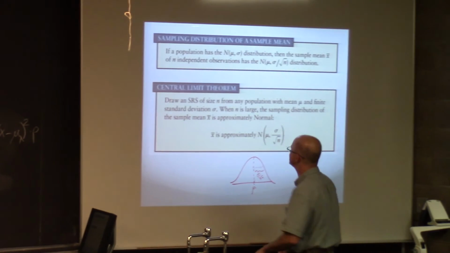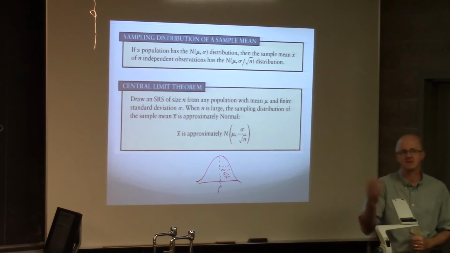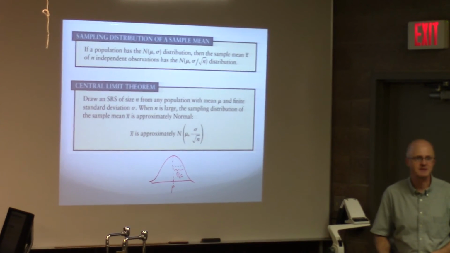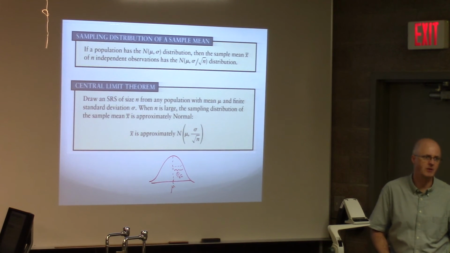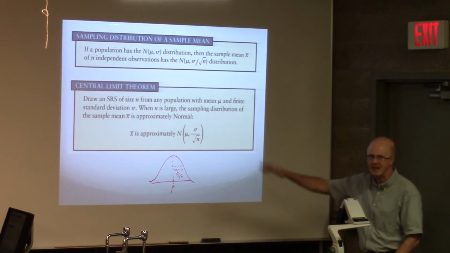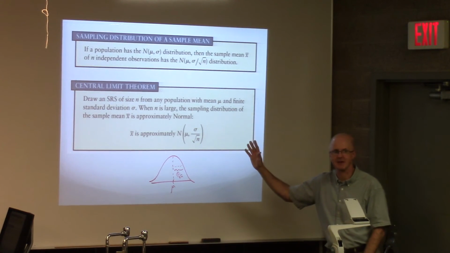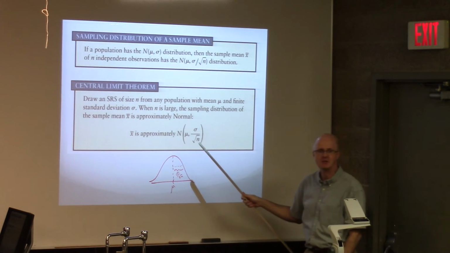You've got a fixed sample size n, okay? If n is fairly large, how large is fairly large? That's not real precise. For our purposes, typically 30 or 40 or larger is good enough to make this approximation pretty good. This is called a theorem, but as it's stated, it's really not a theorem because it's too vague. This word approximately is too vague.